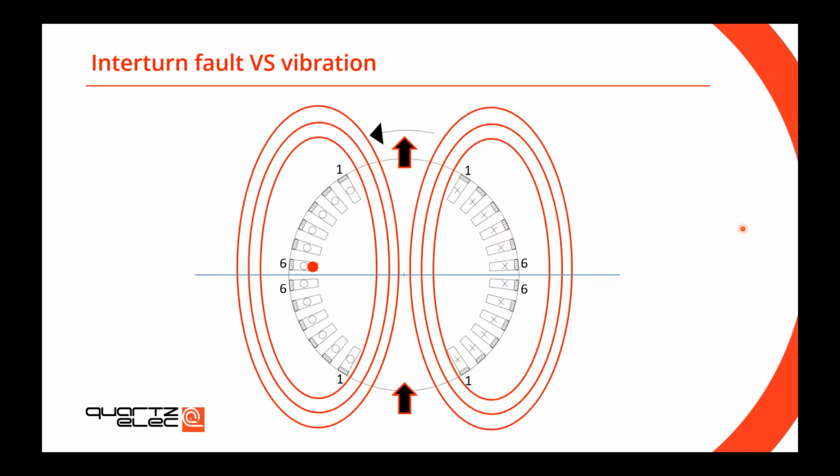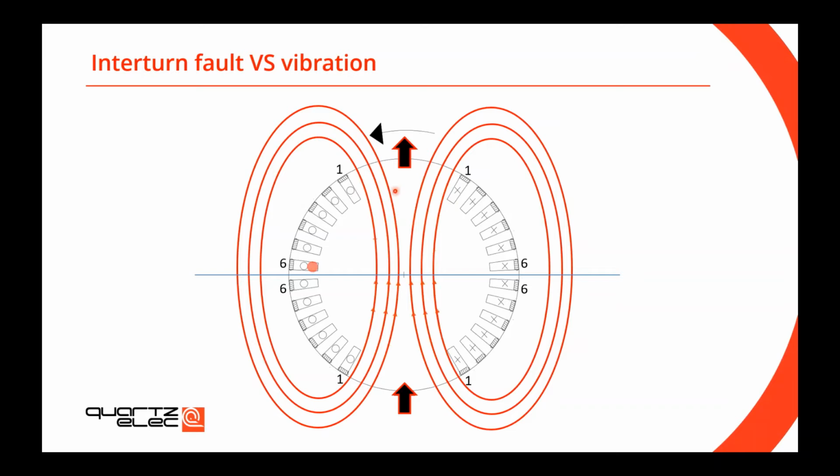All right, now please focus for a moment on those dark lines here. It's a cross-section of the rotor. We have pole A on the top, and then pole B at the bottom. You have coils 1 to 6 on one pole. The coils go like this, and then coils 1 to 6 on the other pole.